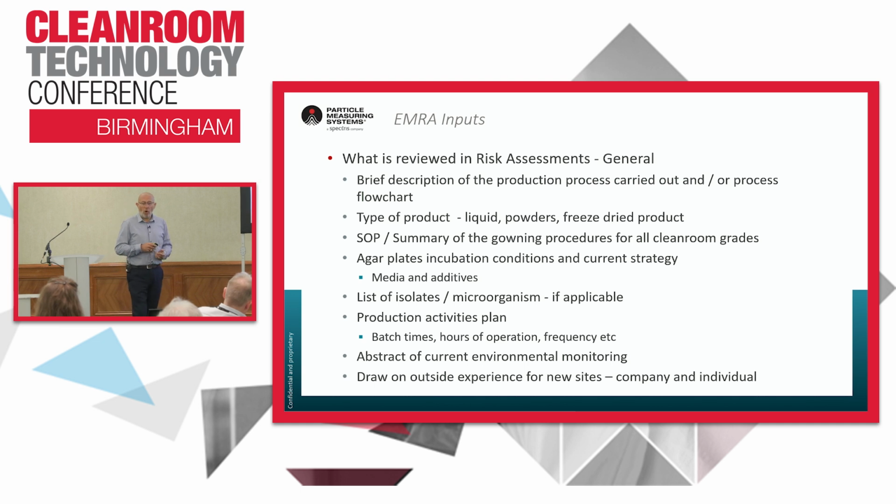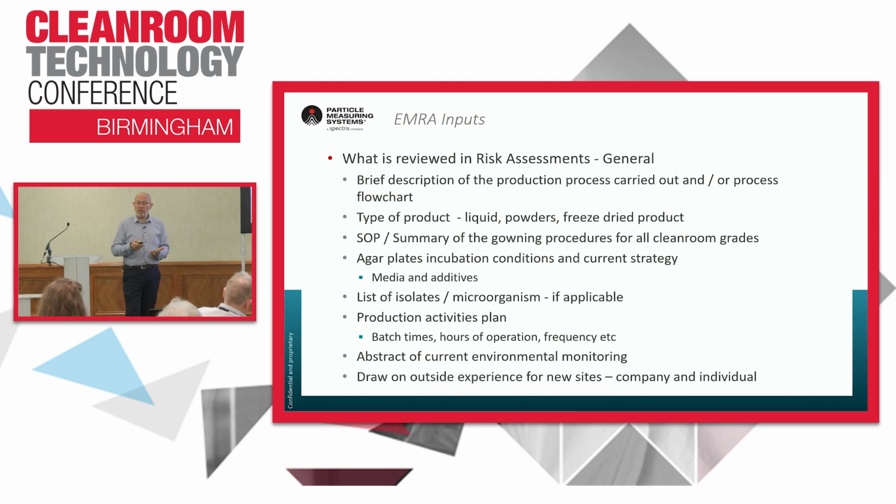So what do we review in these risk assessments? Generally, the starting point is to look at the facility and the process as a whole, and look at a description of the production process and try to understand maybe a flow chart of the process to understand what's being carried out where, by who. We look at the products that are in there. Is it liquids, powders, freeze-dried products?